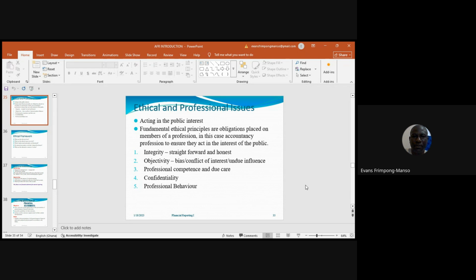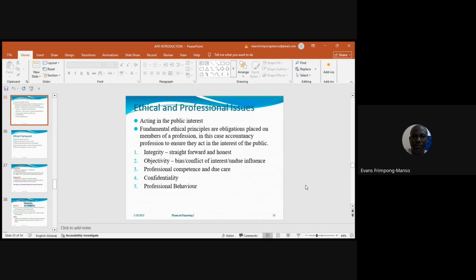Then the last one talks about professional behavior. It means that as an accountant, when performing your duties, you should do so based on the association that you belong to.